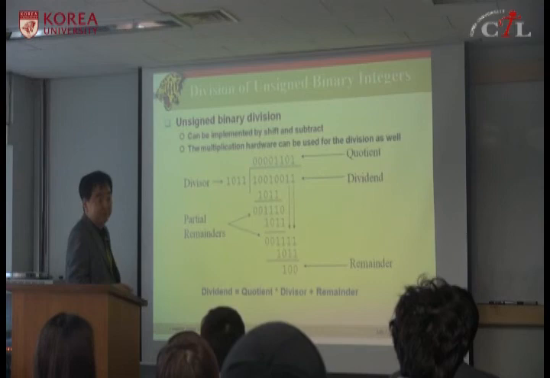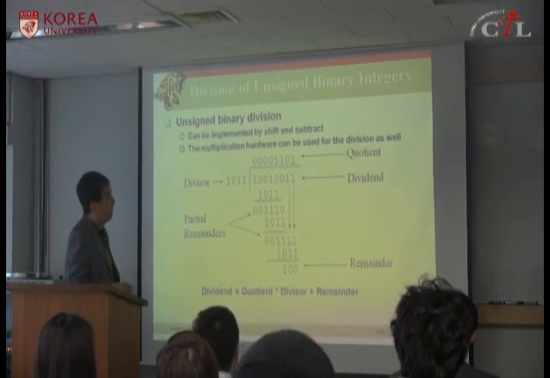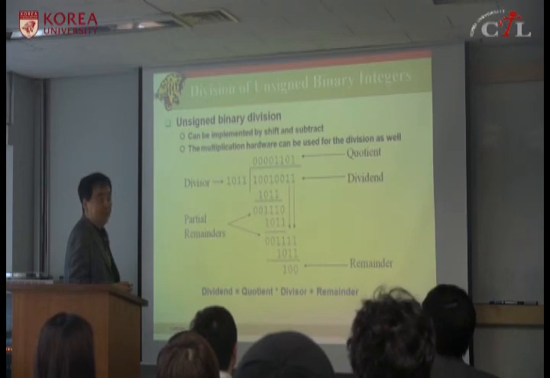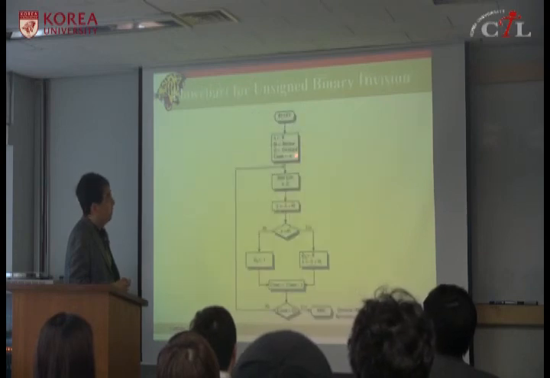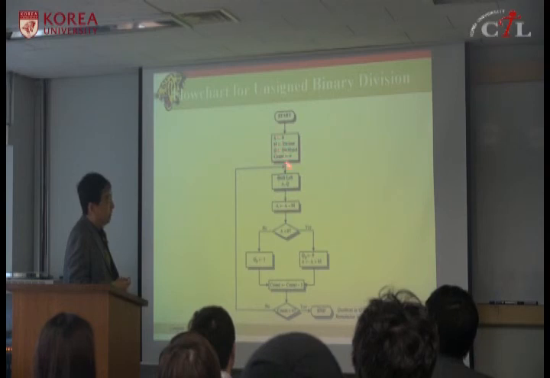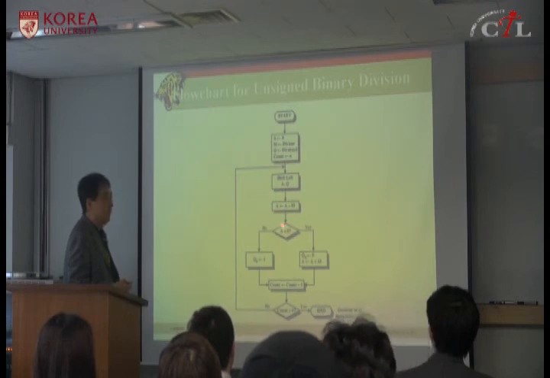Division is the reverse, inverse procedure of multiplication. You put the dividend in the Q register, you put the divisor in the M register, and you reset A, and you do shift left, and you examine the accumulator.